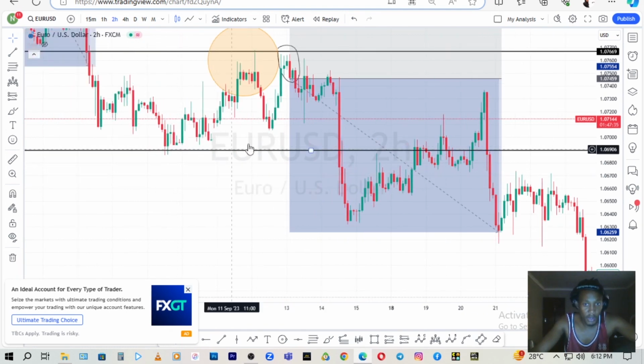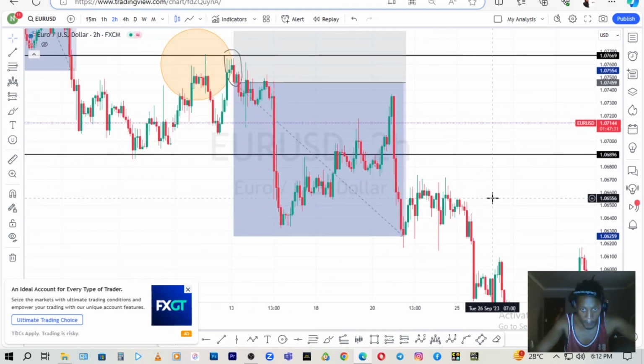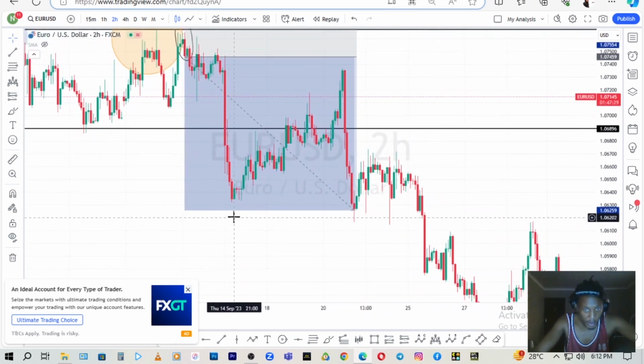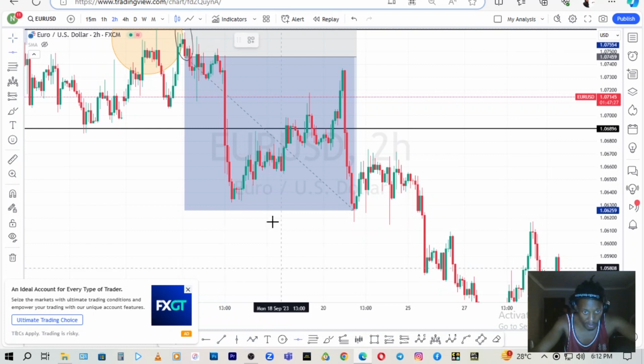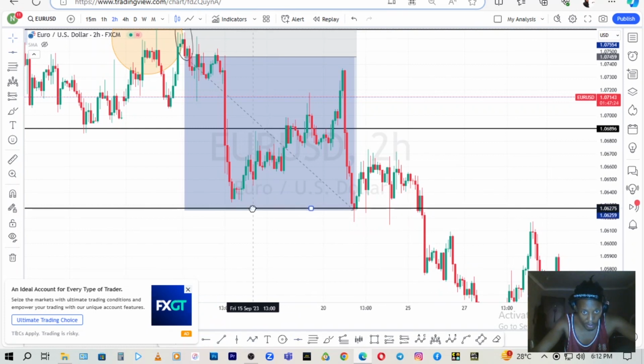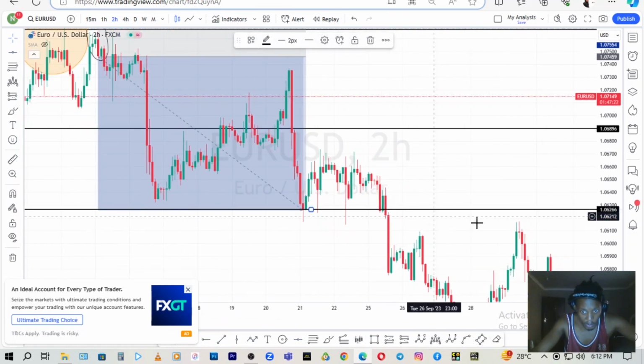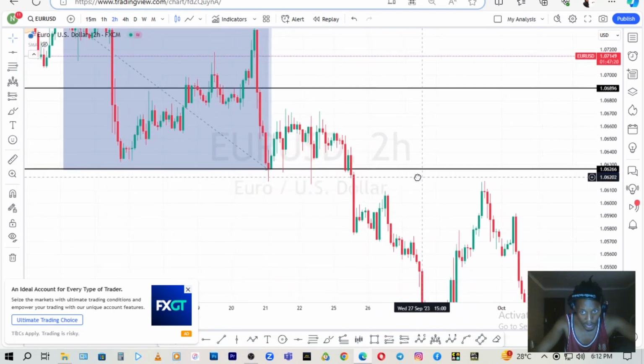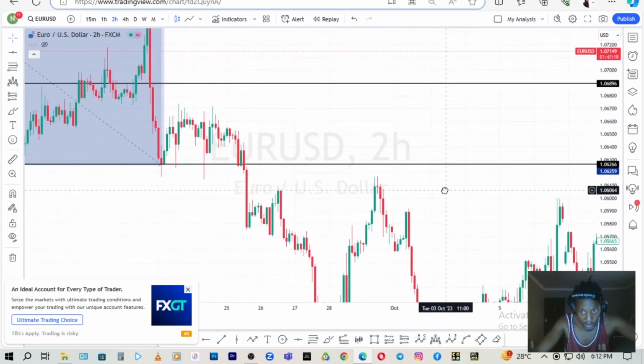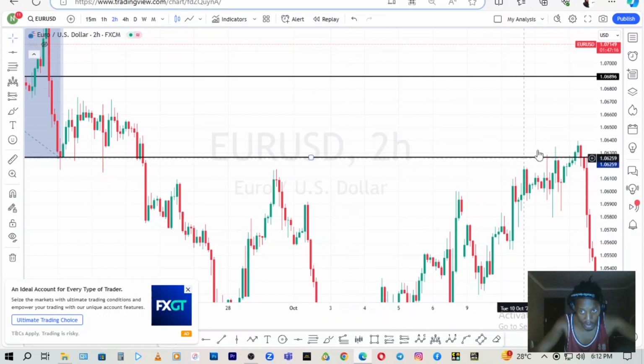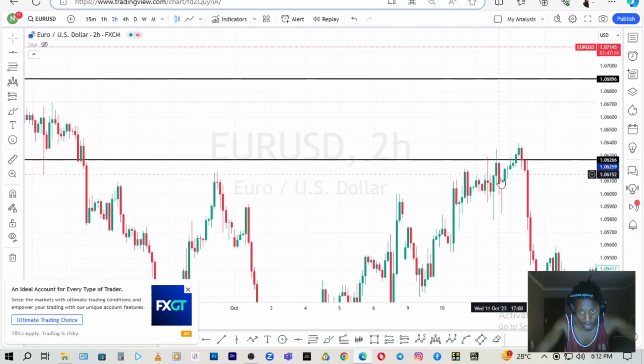So this was my low, then I broke it, then retested it. Okay, here's my new low over here. Here's my new low. This is my new low. No entry. Here's an entry, bullish engulfing.